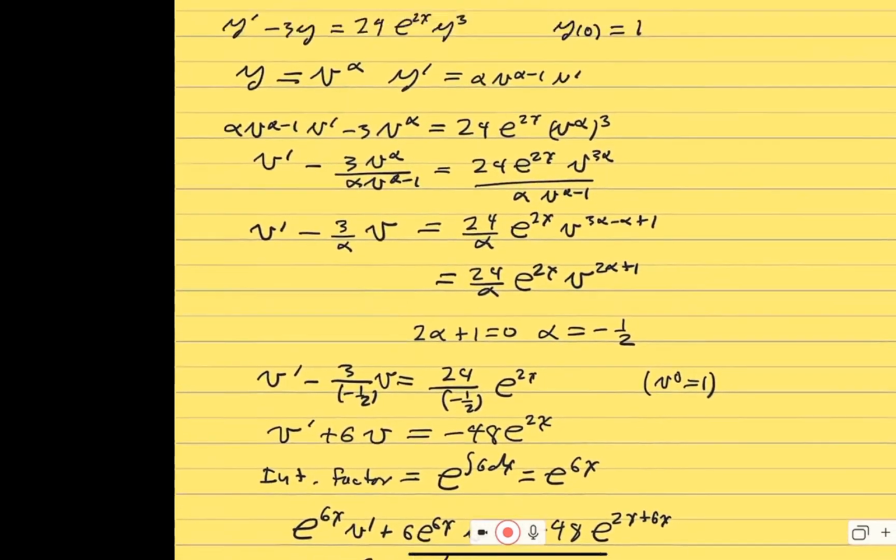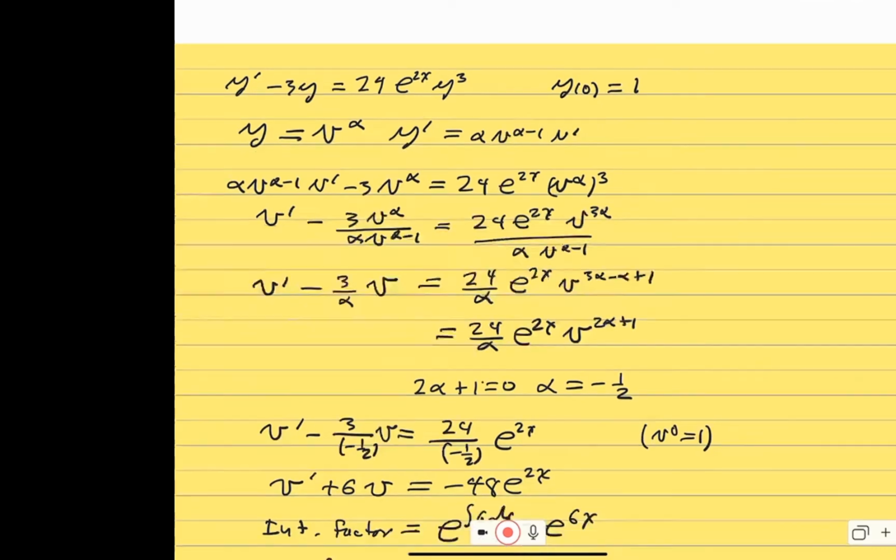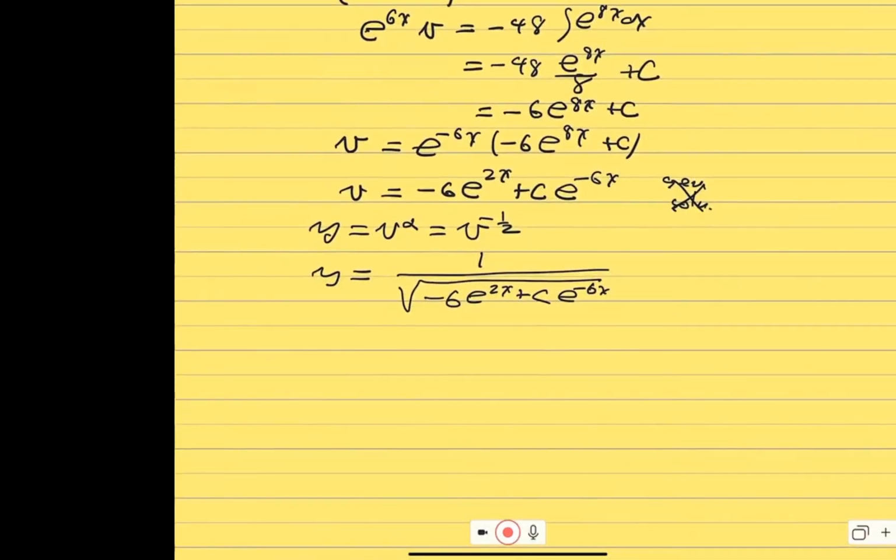Let's go back and see what we wanted. y of 0 equals 1. So y of 0, plugging that in here, is 1 over the square root of minus 6 e to the 0, which is just times 1, plus c e to the 0, which is just 1.